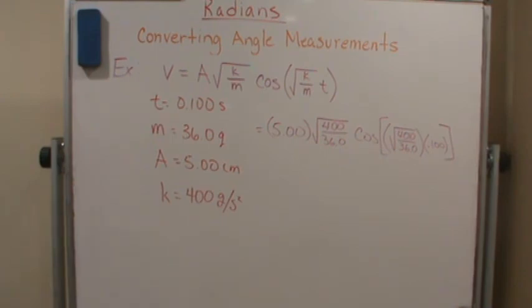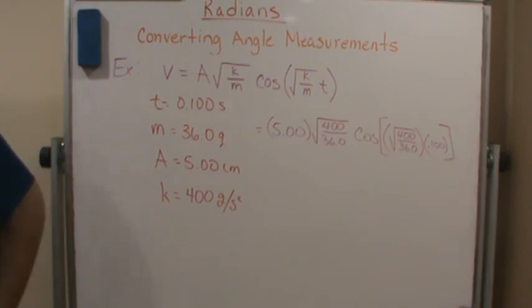Again, we're going to round to 3 significant digits, so that would be 15.7.